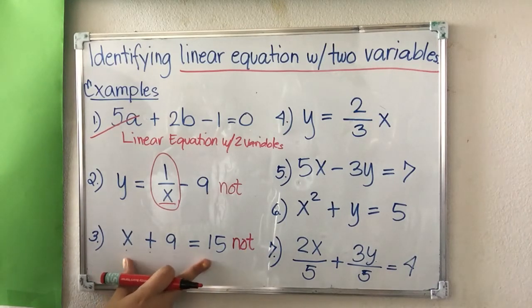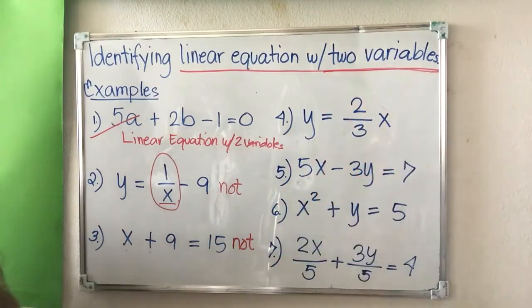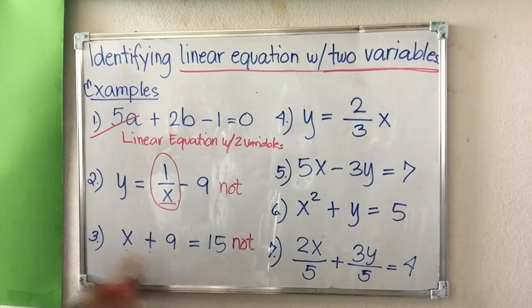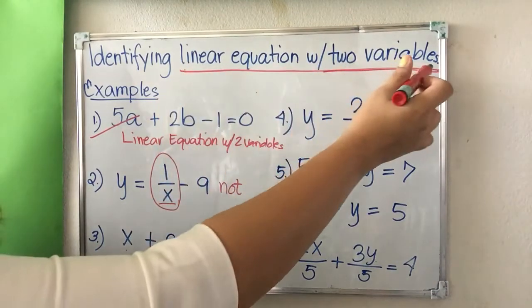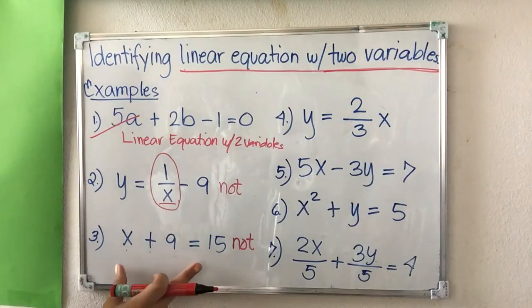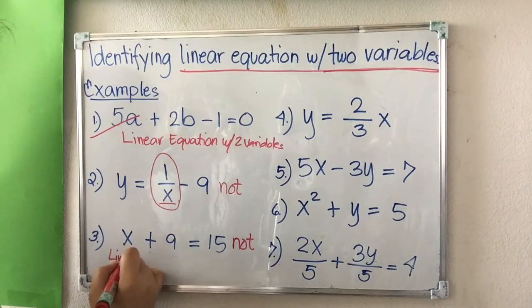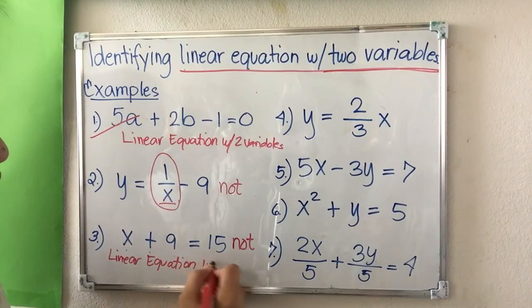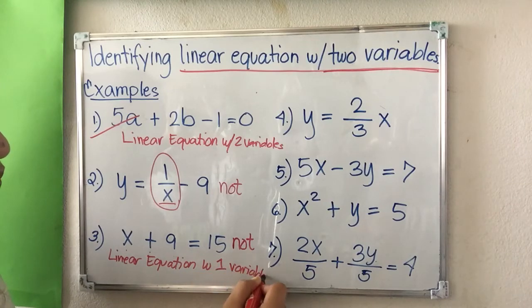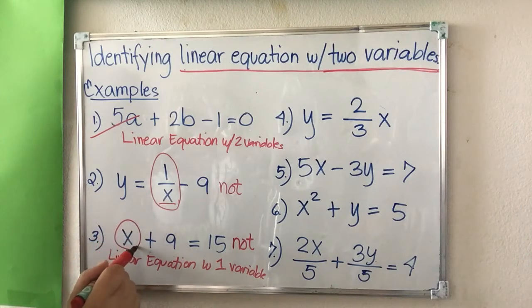Although it is a linear equation, it does not have two variables. So number 3 is not a linear equation with two variables. This one is a linear equation with one variable only, that is variable x.